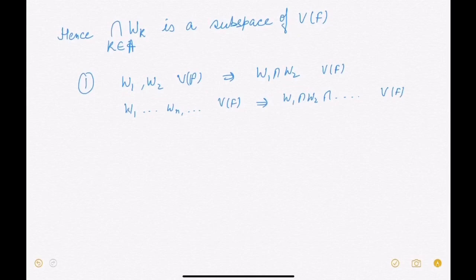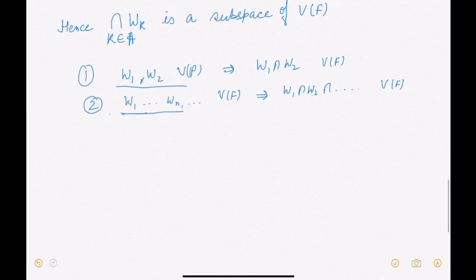So actually the second theorem is a generalization of this. Generalization means that the first theorem is particularly only for two spaces W1 and W2, and the second is a generalization because in theorem 2 we may take any number of subspaces. So let us stop here.